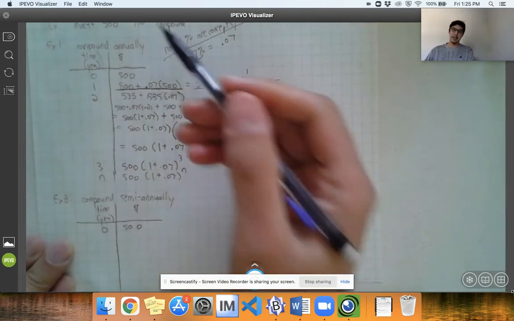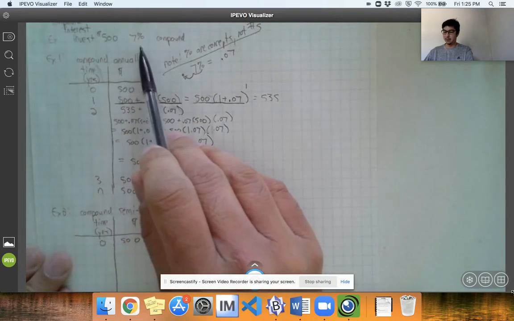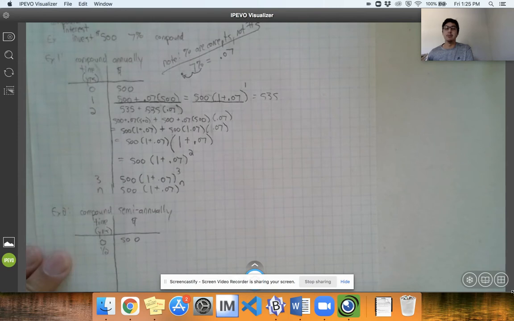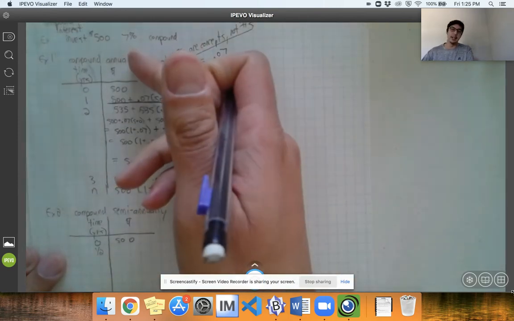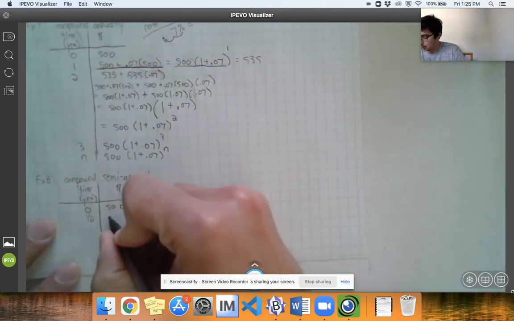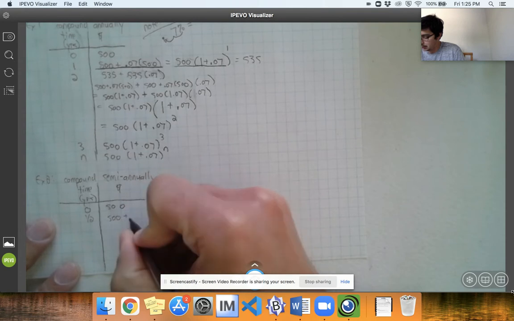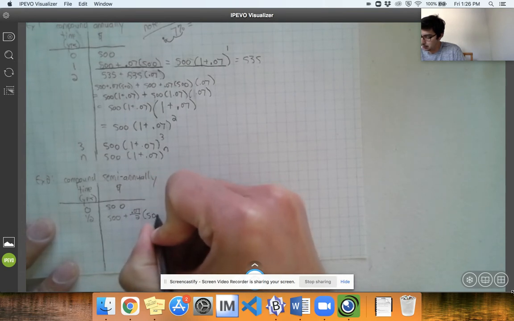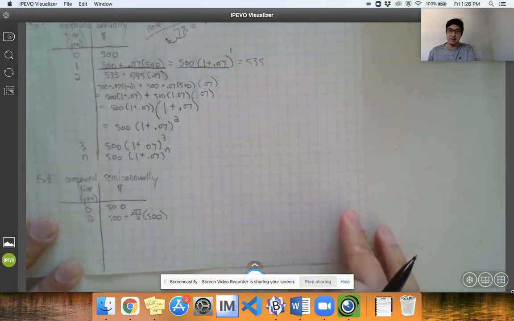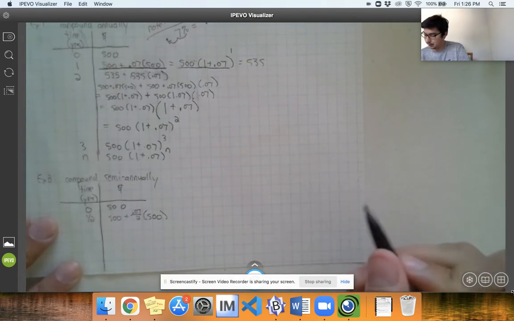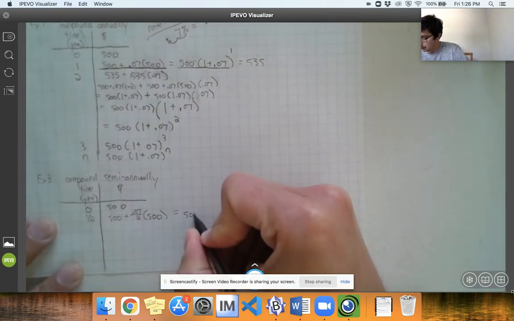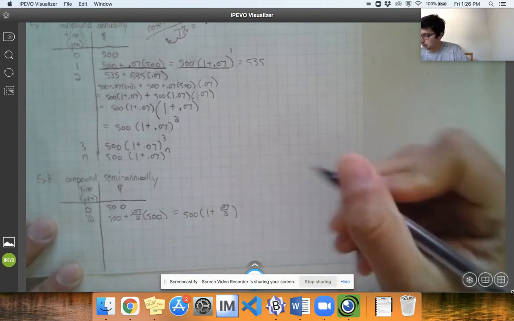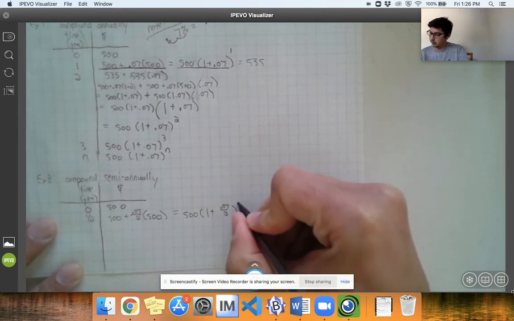Now, since it's semi-annual, you don't get the 7%. Semi-annual is like halfway in the year, so after half a year, you're going to get money back. But you're only going to get back half of that amount, so it's going to be 500, and then you're going to get back half of that amount, so 0.07 divided by 2, which I know I could have written as 3.5%, but I'm going to put that instead, which I could write as 500 times 1 plus 0.07 divided by 2 to the first.